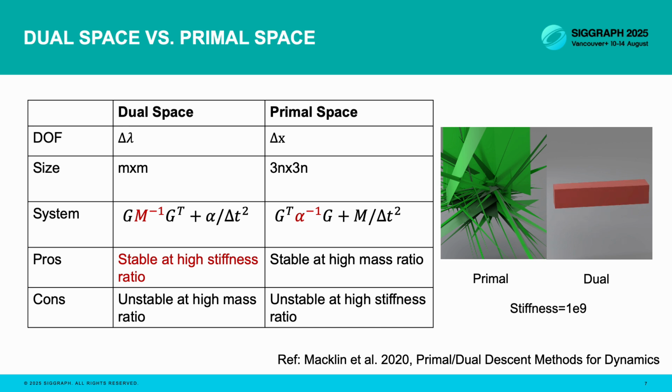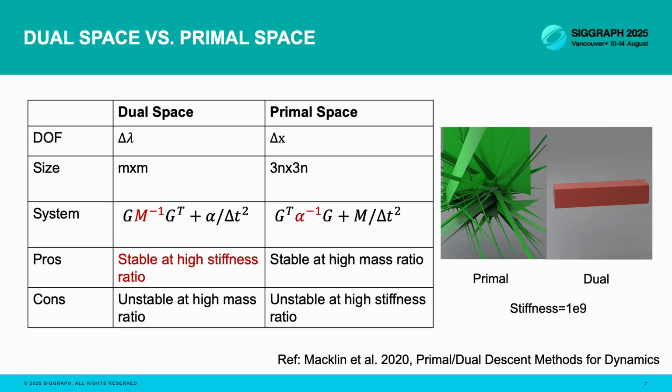Newton's method can solve it well, but it operates in the primal space. Primal space methods solve delta x, the displacements, while dual space methods solve delta lambda, the Lagrange multipliers. According to Miles Macklin's research in 2020, dual space systems are more robust to high stiffness ratios, which is critical for muscle simulations.